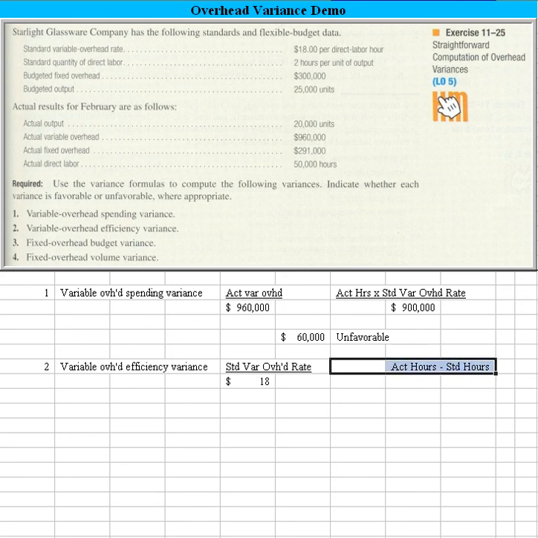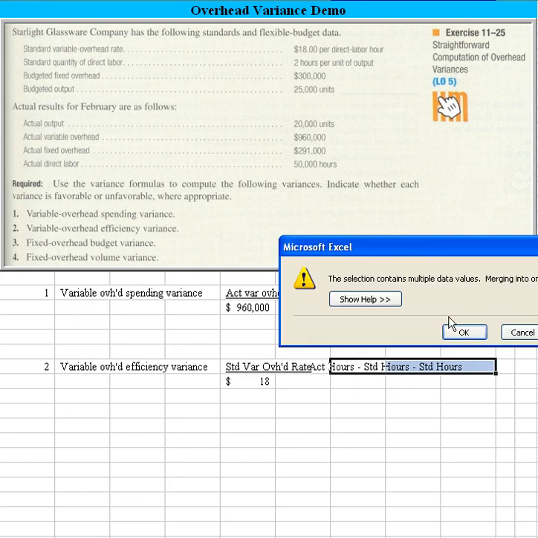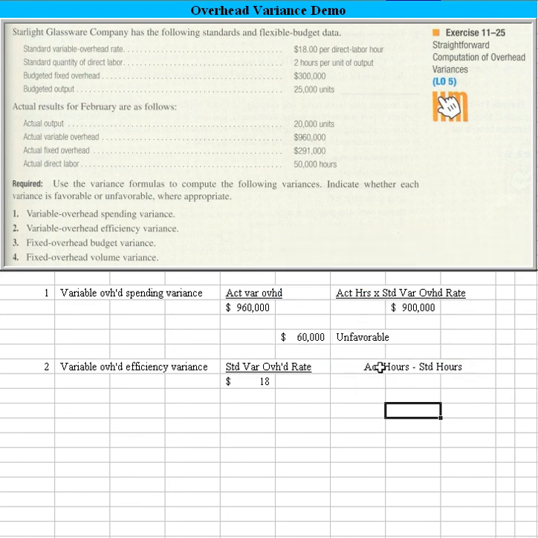Let's center that over these three cells. The actual hours were 50,000, given in the problem, and the standard hours were 25,000. However, that 25,000 was based on the budgeted output.